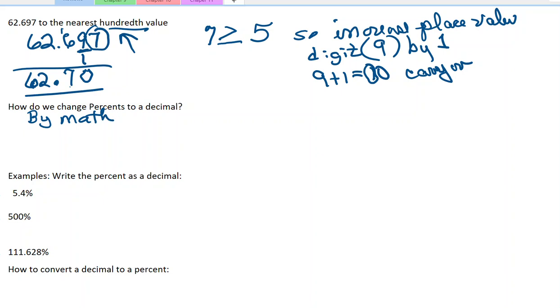We know percents are parts of 100, and the decimal is in place value. So we take the decimal and multiply by 100 and add the percent symbol after that product.